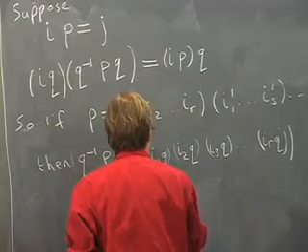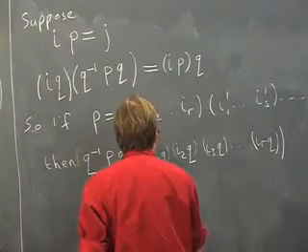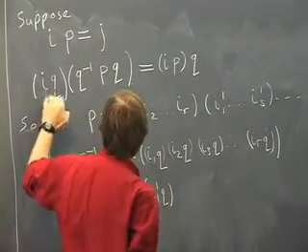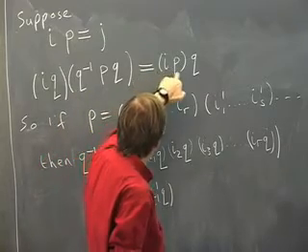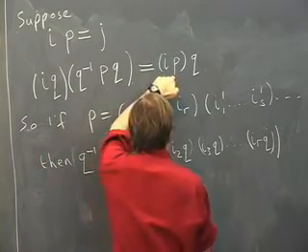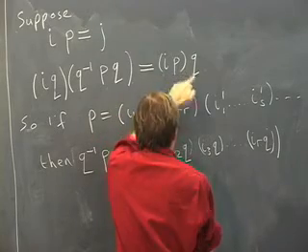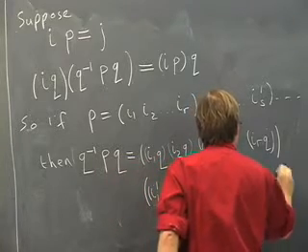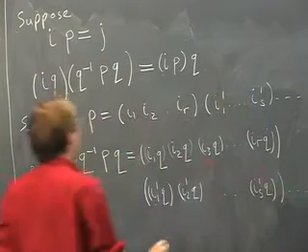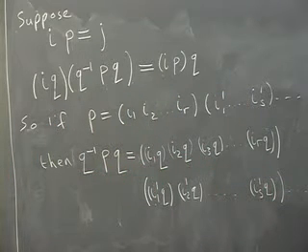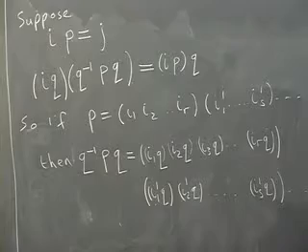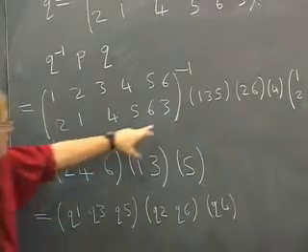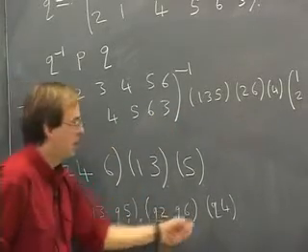Then we're going to get I1' Q. Let's start the next cycle with that. Where's this going to be sent? I1'Q is sent by this to I1'P, which is I2' acted on by Q. Okay, so this is just what we observed in this case: when we conjugate by permutation Q, what happens to the cycle shape is that we replace every element in the cycle by its image under Q. Sir?